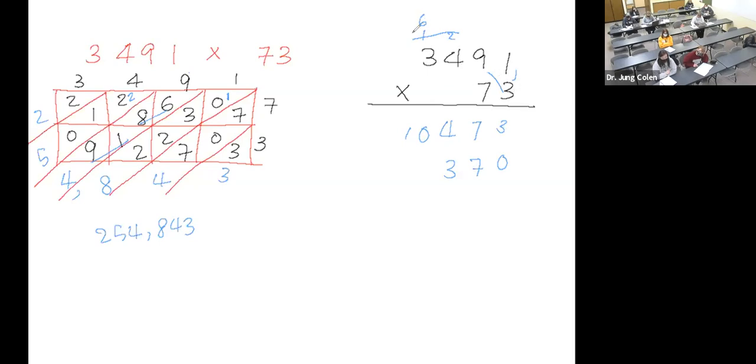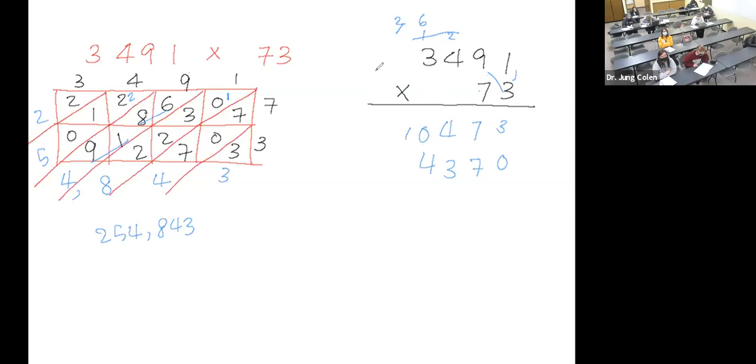So you can erase it and write the 60 there. Where am I? 7 times 4, 28. So 2 goes here, but 8 plus 6 is 14. So I have another one here.